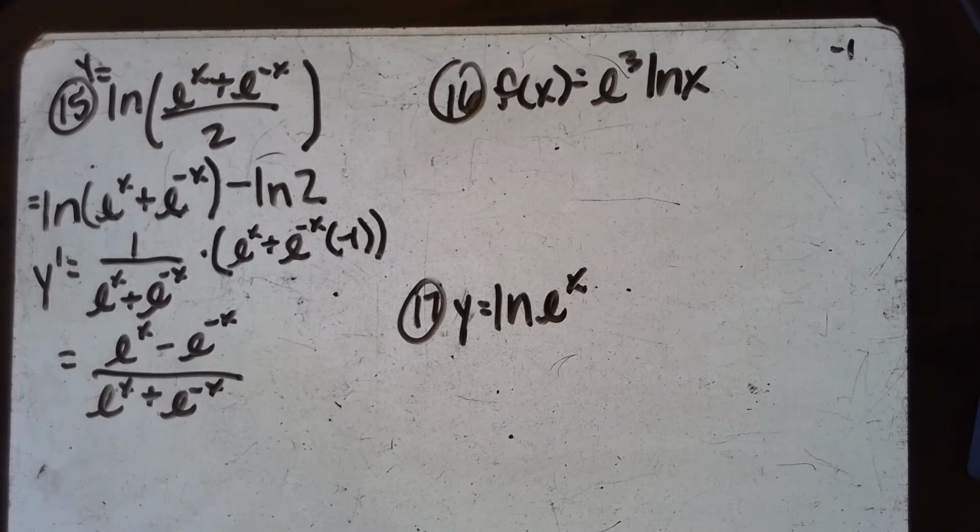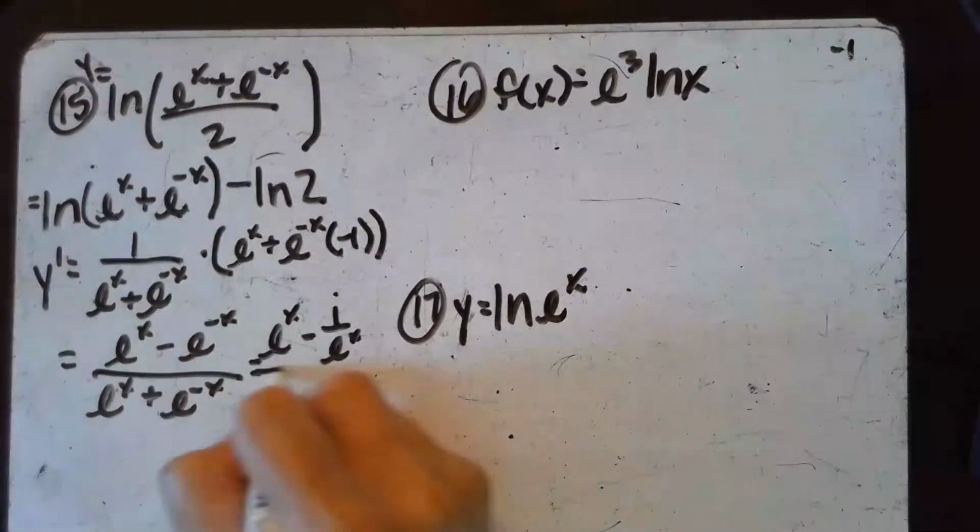Now, realize this can be our final answer right here on this one. But I want you to realize this is e to the x minus 1 over e to the x.